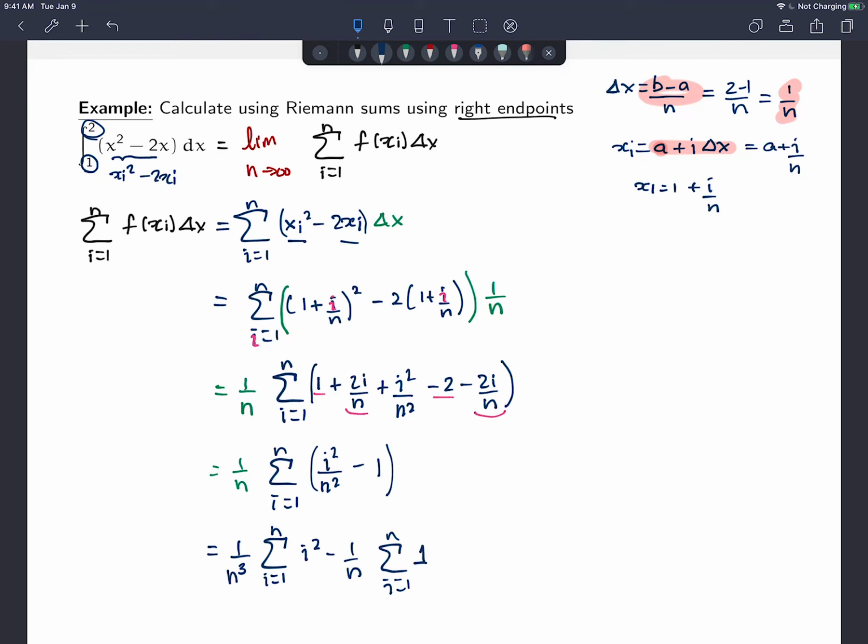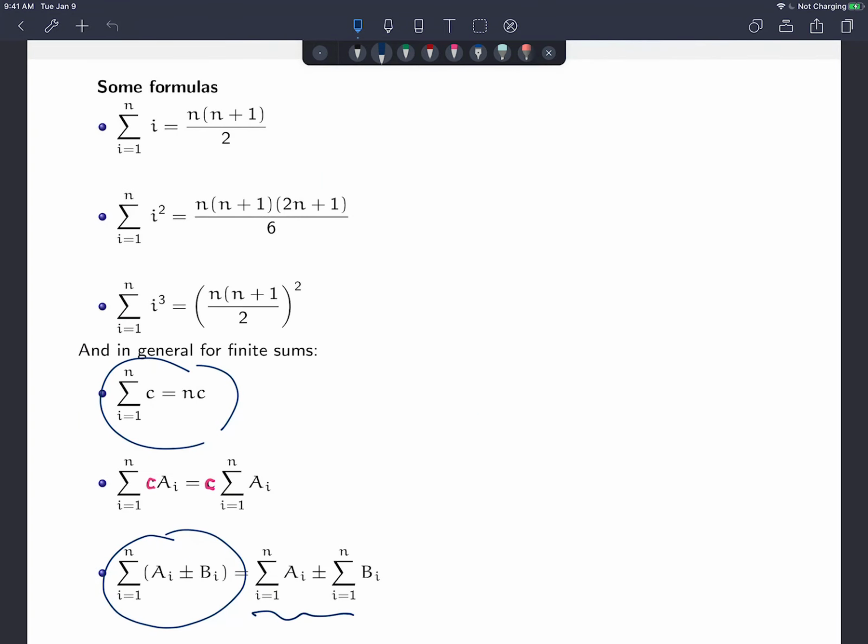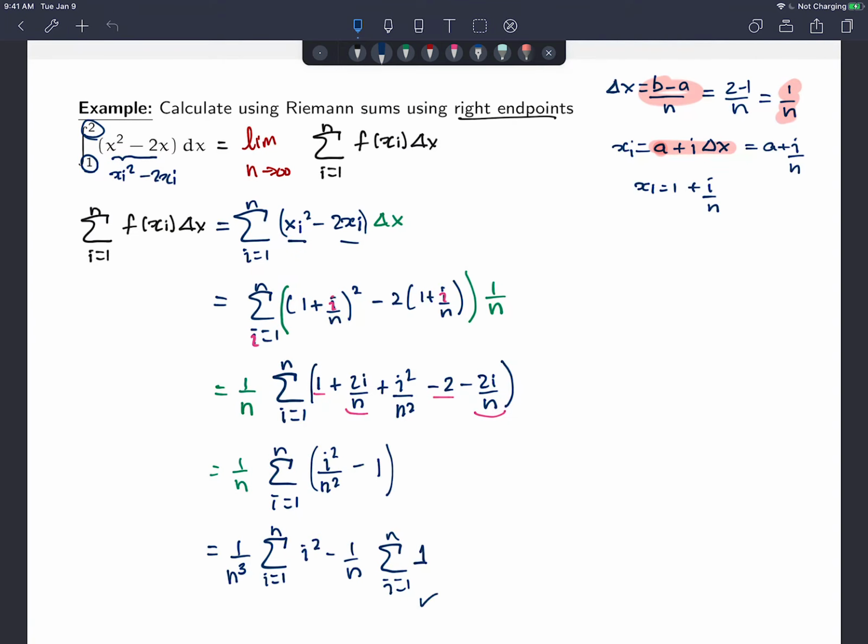So I'm having the sum of the i squares and then the sum of 1s. Now, I'm going to have to use the formula for the sum of i squares. And the sum of 1s is really just n: when c is a 1, I'm doing n times a 1, just adding 1 plus 1 plus 1, n times. So this one is easy. That's just an n. For the other one, we need to do something.